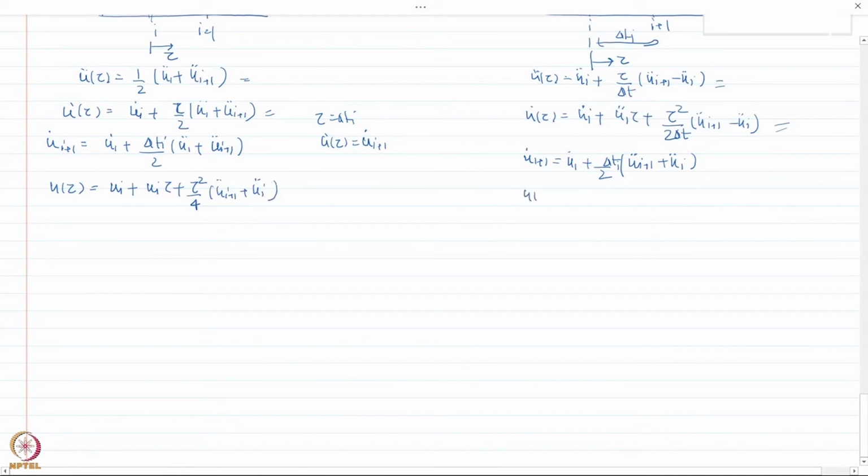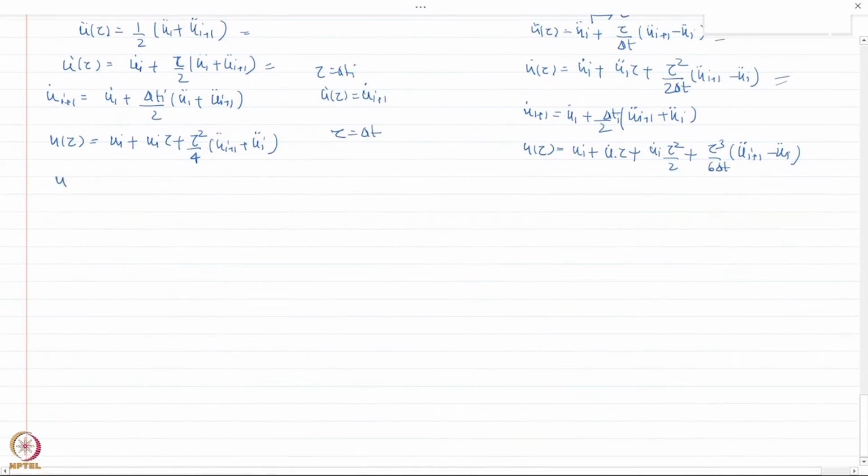Similarly, for the linear case, I would write the displacement as ui plus ui dot times tau plus ui double dot times tau square by 2, and then tau cube by 6 times delta t times ui plus 1 double dot minus ui double dot. Again, I substitute tau equal to delta t to get the next step response.